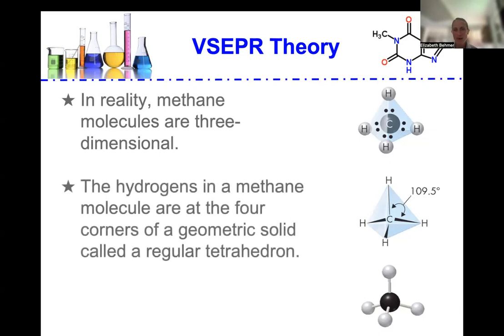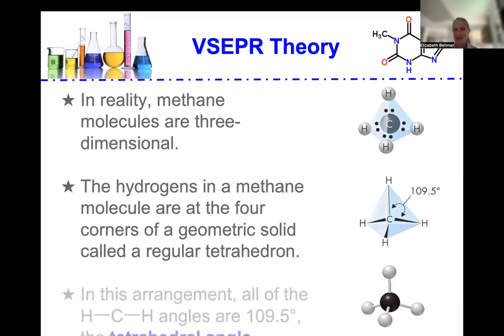The hydrogens in a methane molecule are at the four corners of a geometric solid called a regular tetrahedron. In this arrangement, all of the bonding angles are 109.5 degrees, and that gives us a tetrahedral angle. So that's what methane looks like.